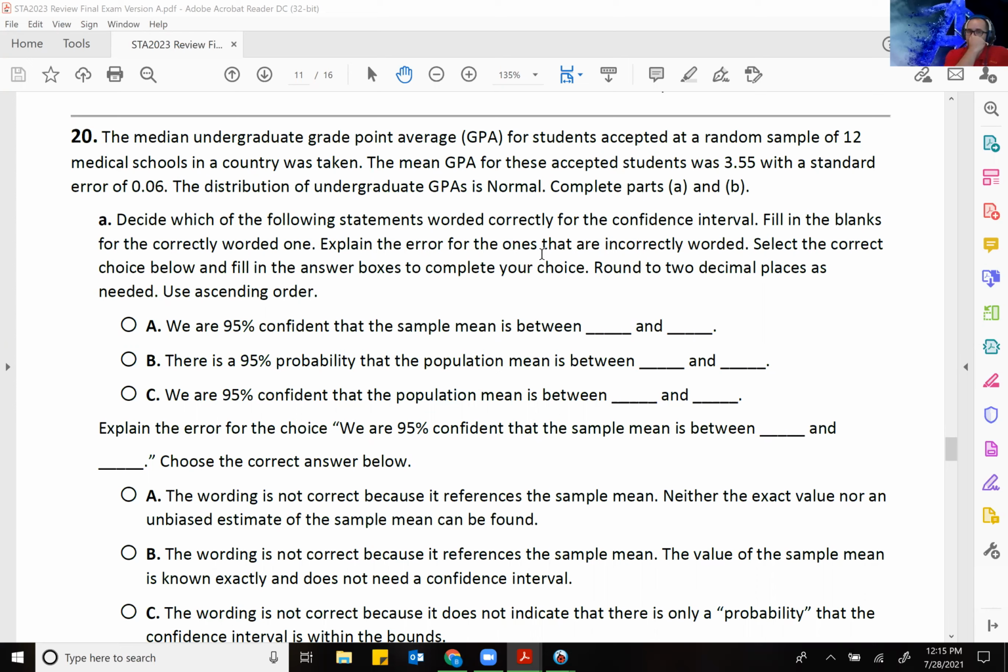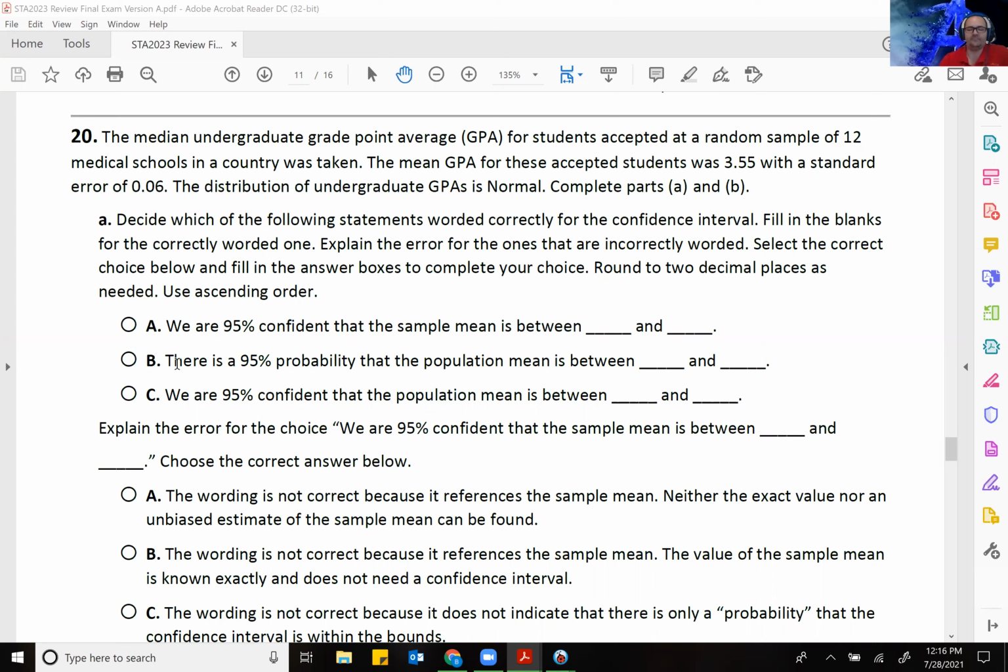So it says decide which of the following statements is worded correctly for a confidence interval. Fill in the blanks in the correctly worded one. Explain the error for the ones that are incorrectly worded. I feel like there is a lot going on here. We've got more than one direction.